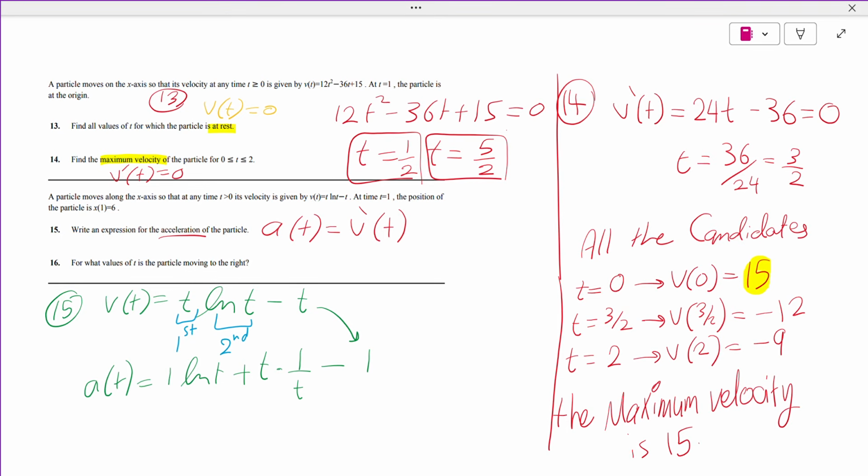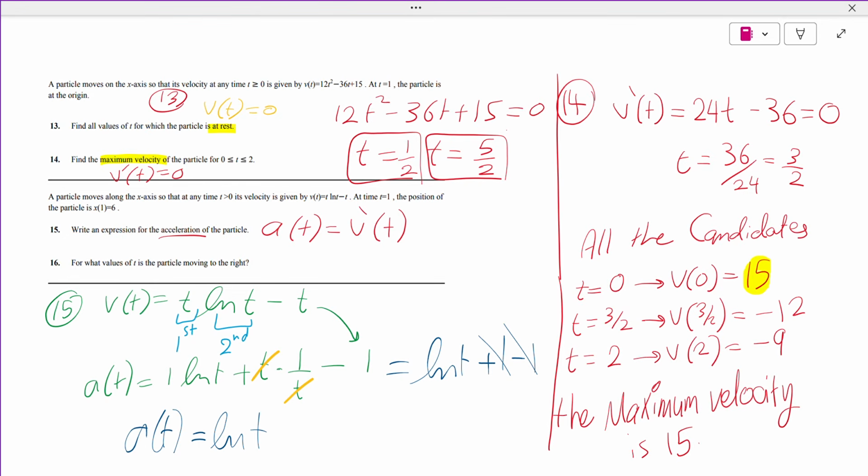Now this t and this t go away. That gives 1 times ln of t is ln of t, plus 1 minus 1. We can cancel them. So a of t equals ln of t.